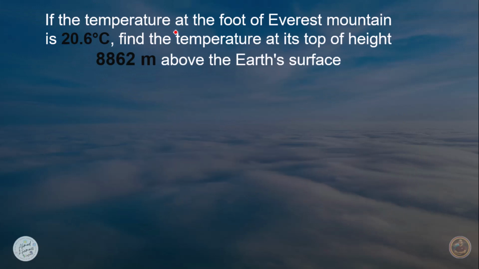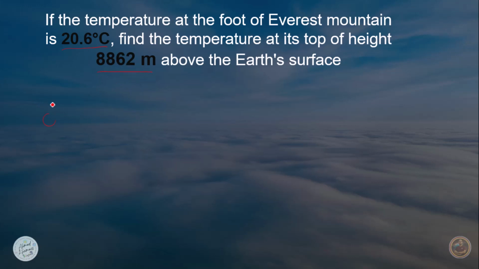So if the temperature at the foot of Everest mountain equals 20.6 degrees Celsius, find the temperature at its top, knowing that Mount Everest is 8,862 meters above sea level.